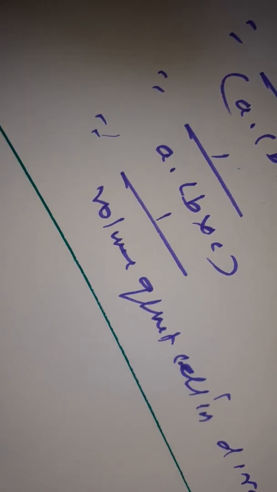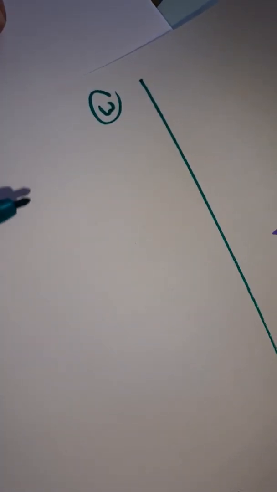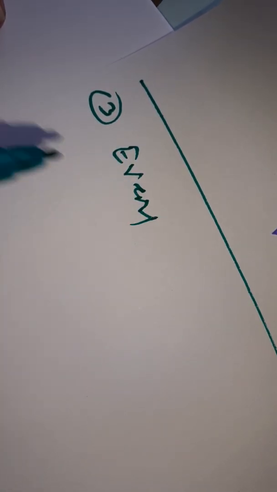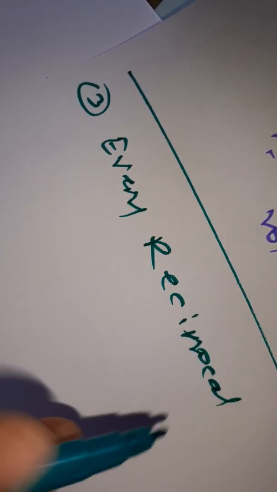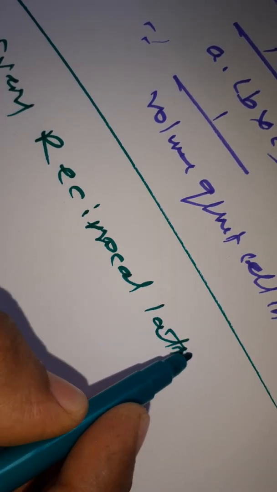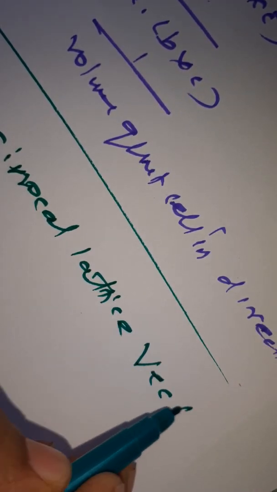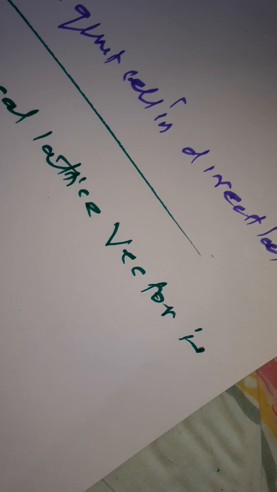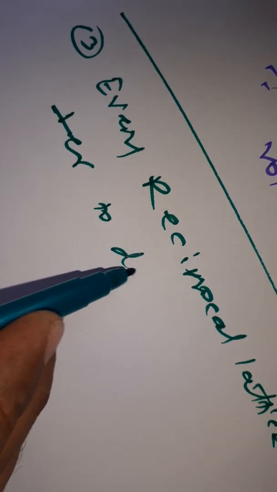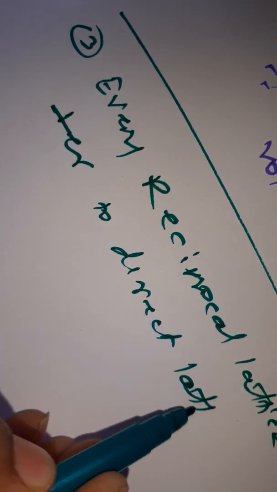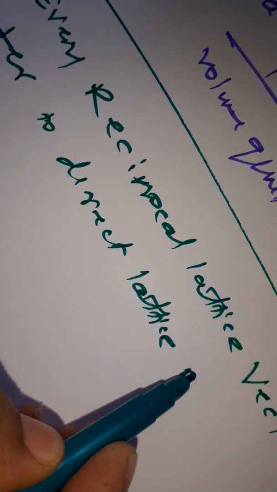Now we go for the next and last property. That is: every reciprocal lattice vector is perpendicular to the direct lattice plane.